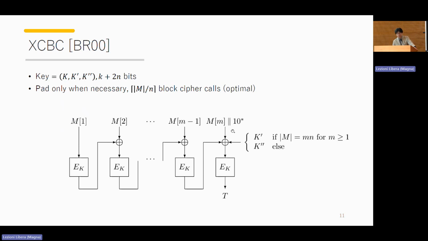If the last block is full, we don't use the padding, and we use K' as the mask for the last block cipher call. Otherwise, we use the padding for the last block, and we use K'' as the mask. With this, the number of block cipher calls is minimized, which is optimal.